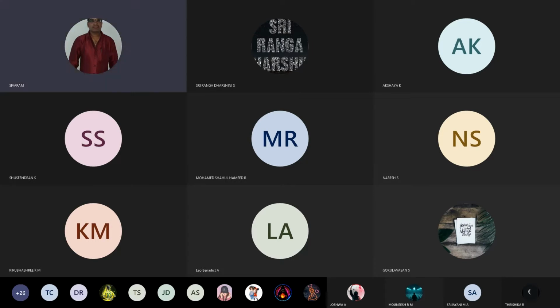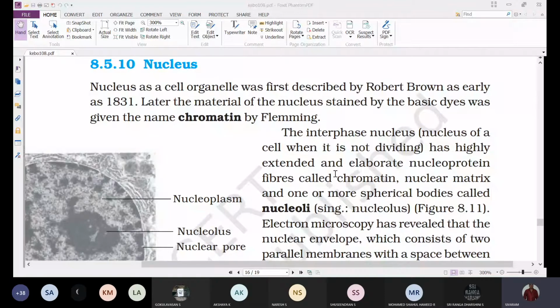Okay, and next, coming to the next cell organelle, that is the nucleus. Very, very important. The nucleus as a cell organelle was first described by Robert Brown as early as 1831. That means in the year 1831, Robert Brown discovered and described the nucleus as a cell organelle.